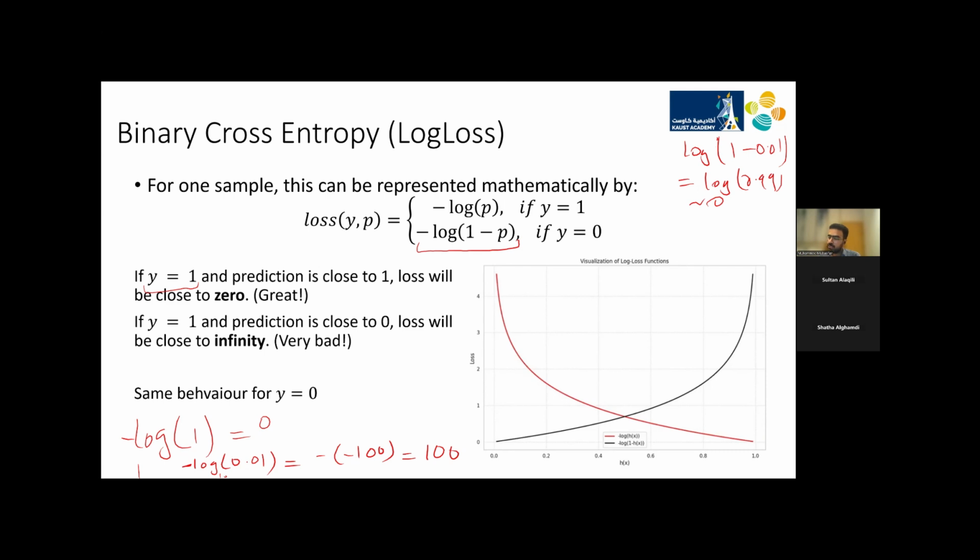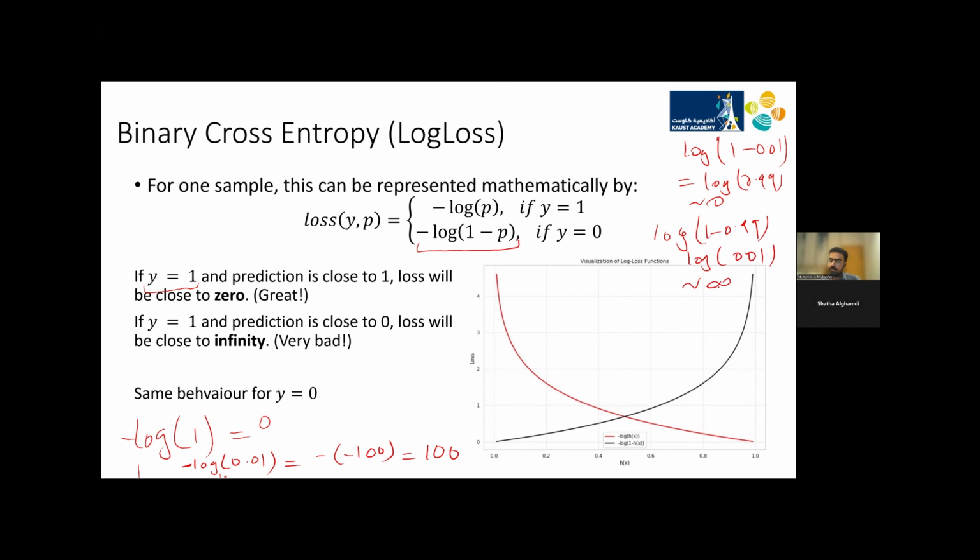And similarly, if the model makes the prediction of a high number, let's say log of 1 minus 0.99, once again we would get log 0.01, which would be a high number, right? So we have the loss in two parts. One, when the true label is 1, and the other when the true label is 0. All clear?